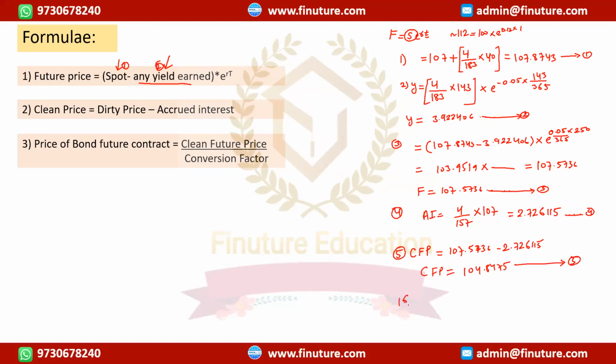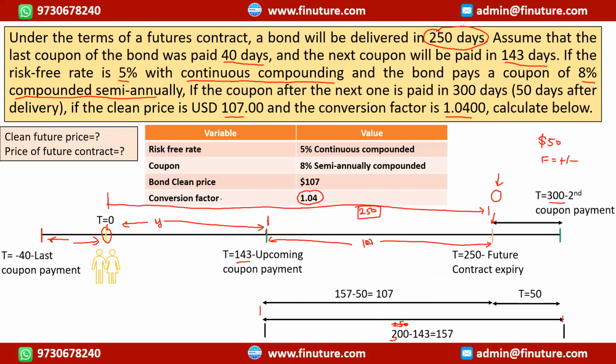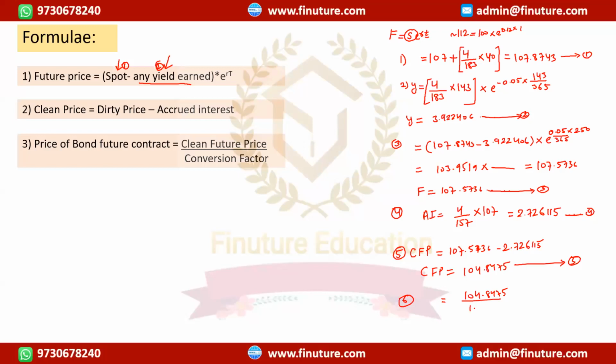Now finally, what will we calculate? We will calculate the price of the future contract, which is equal to the clean future price, that is 104.8475, and we were given the conversion factor of 1.04.